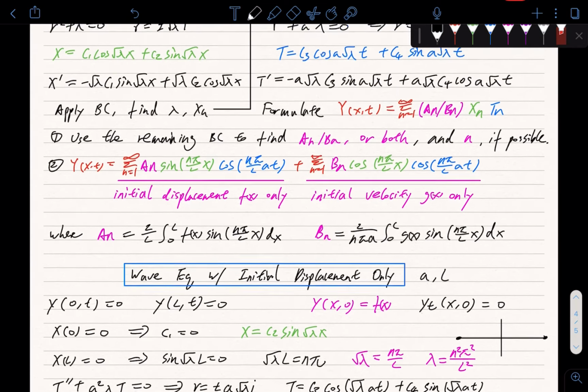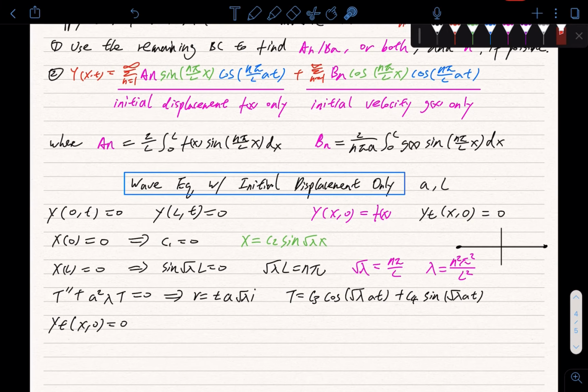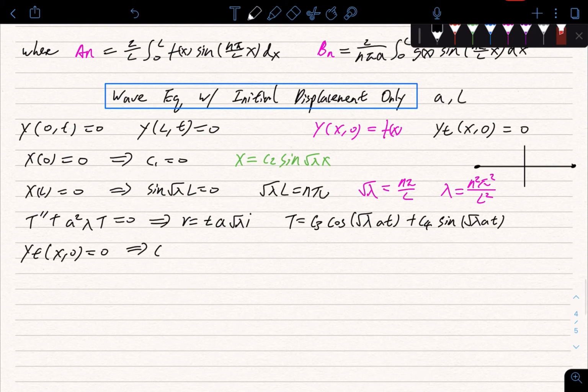You see that we differentiated right here, that if we plug in 0, this whole term cancels, becomes 0, because sine of 0 equals 0. Cosine of 0 becomes 1. In order for this whole term to be 0, c4 has to be 0. So now we have come to the conclusion that c4 equals 0.